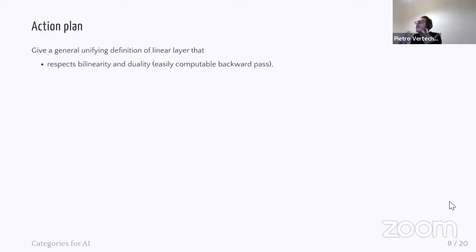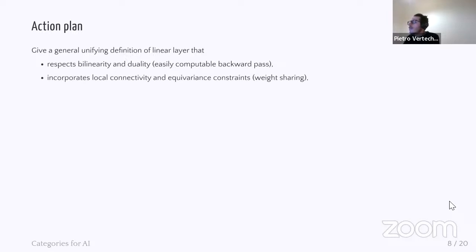And now that we have established both the general requirements of our linear layer and domain-specific requirement, the action plan becomes quite clear. So we want to give a kind of a general, broad, unifying definition of linear layer that respects bilinearity and duality, which will mean in practice that we get an easily computable backward pass.